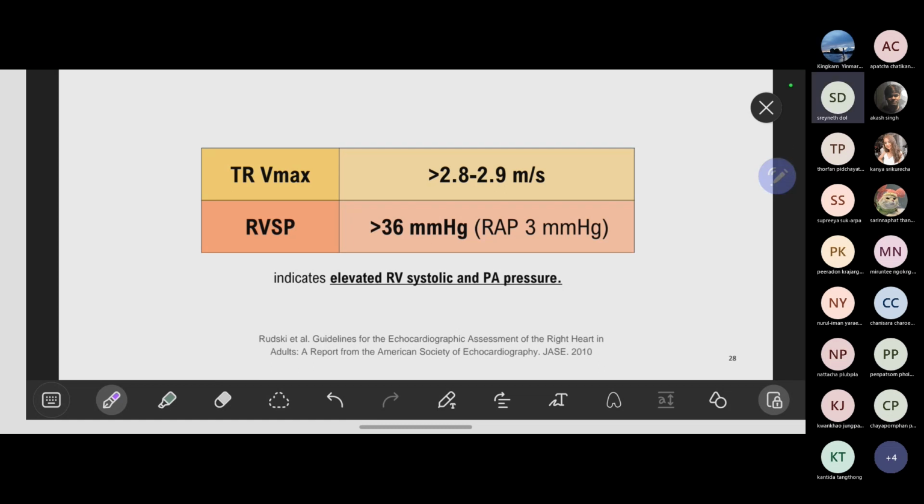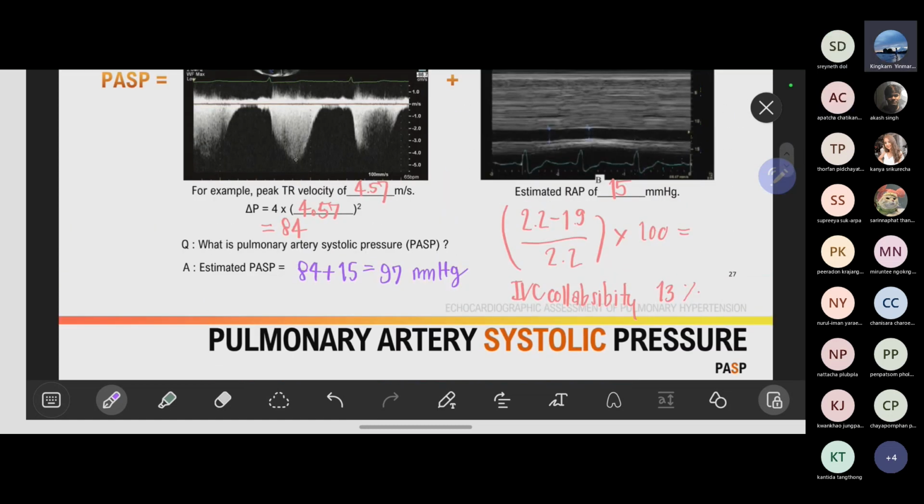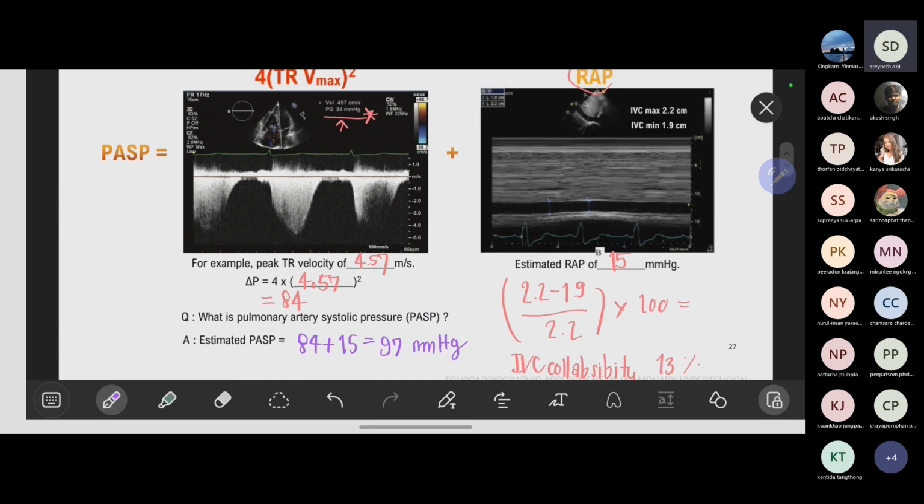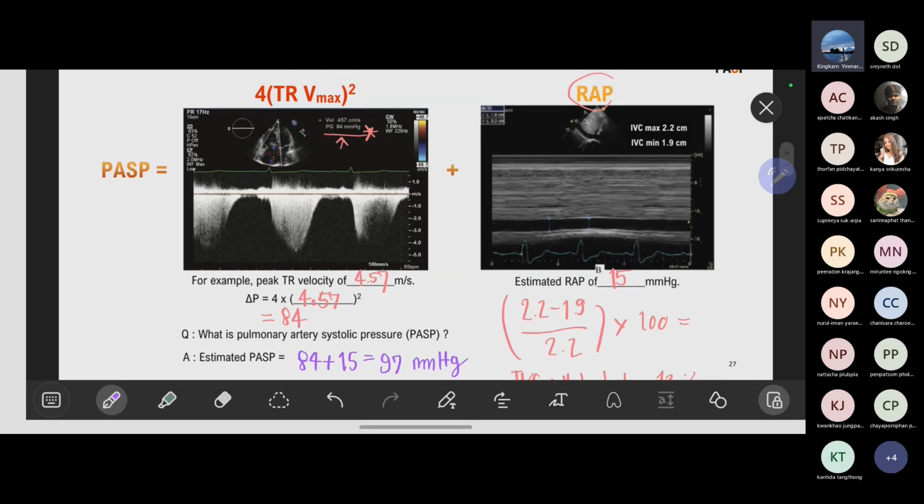To calculate PASP, first we have to measure the TR max velocity.